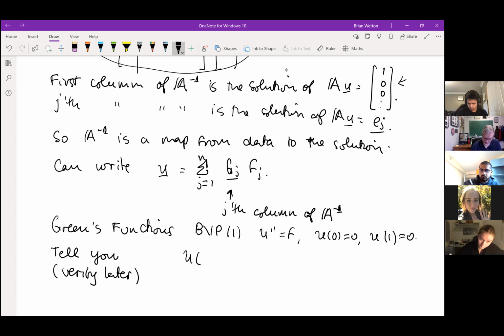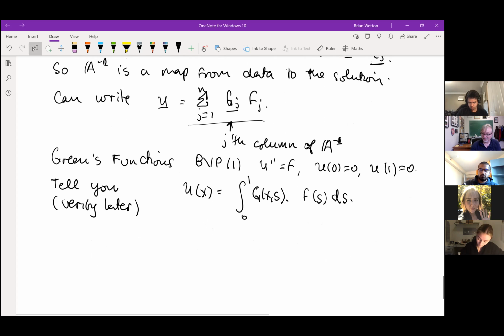that I can get the solution as not the sum over the data, because the sum is a continuous function, but the integral over the data times a Green's function, right? So the G here, really, this is like the matrix inverse, okay, but in the continuous setting.